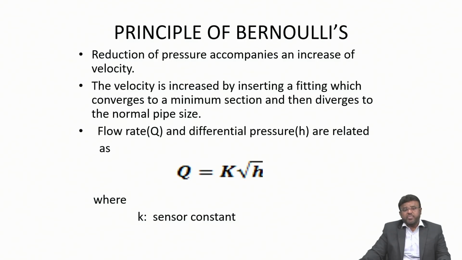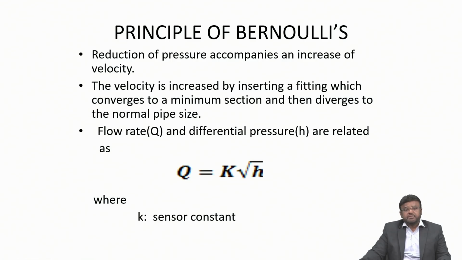Normally, the principle of Bernoulli is this: take a pipeline carrying a fluid, kept at an elevation. It can be divided into two sections, the upstream side and the downstream side of an obstruction placed inside the pipe. Before the obstruction is called upstream, and after the obstruction it is called downstream.